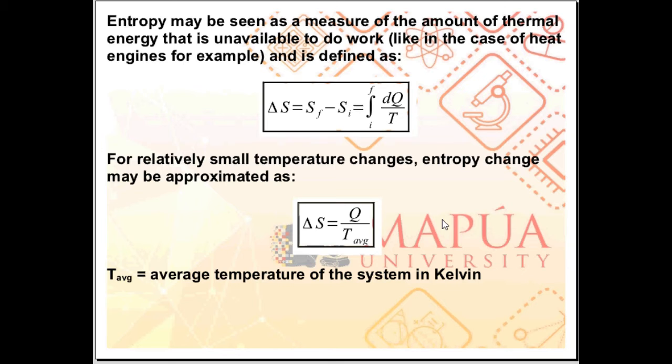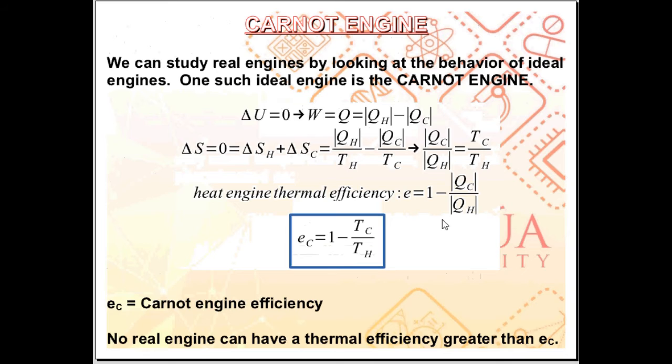Let's take a look at one application of this equation, the Carnot engine. We can study real engines by looking at the behavior of ideal engines. One ideal engine is the Carnot engine.